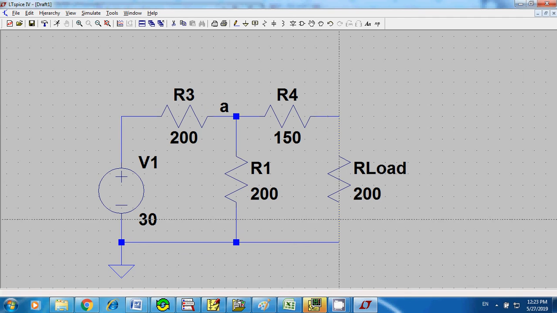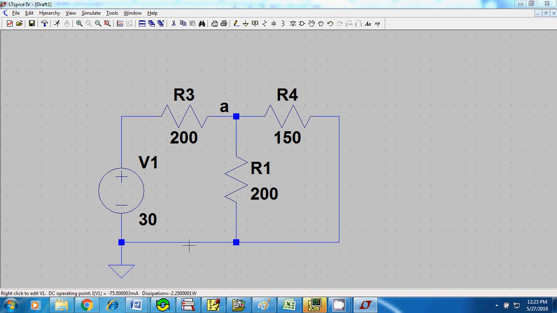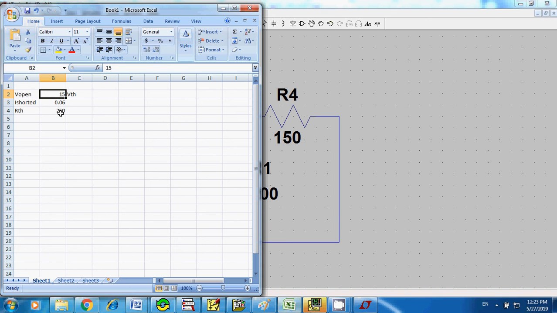You have to connect all the way to, nope. Okay, doesn't matter. I just cut it and I make a short circuit just right here. So now you look for the current flowing through R4, which should give you 0.06 amps.